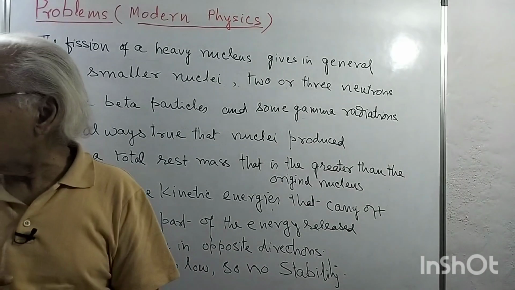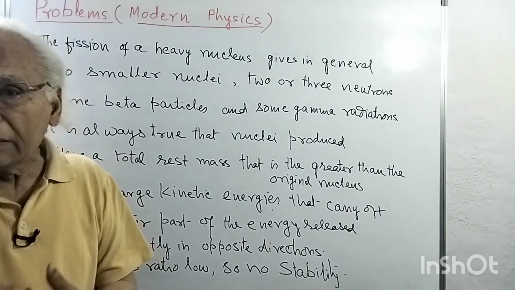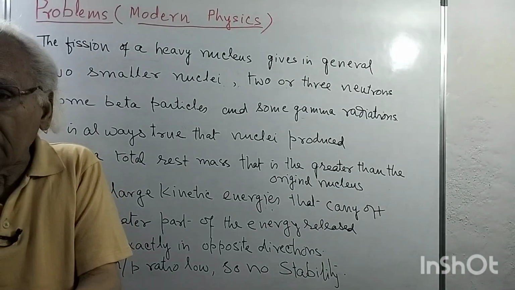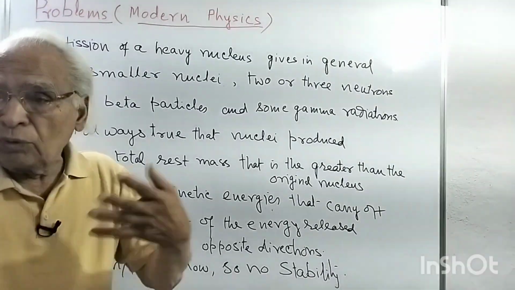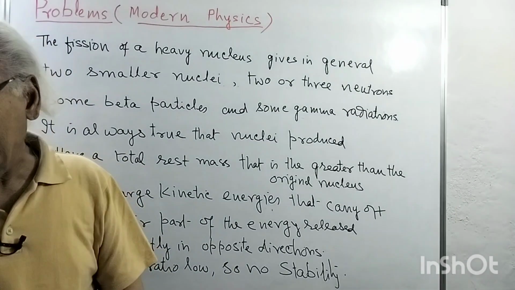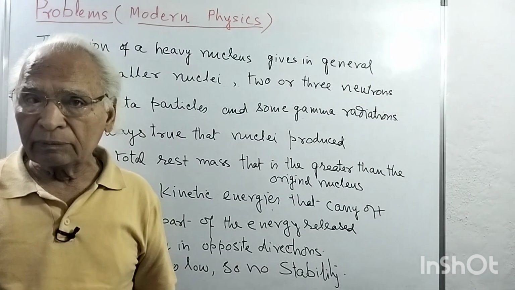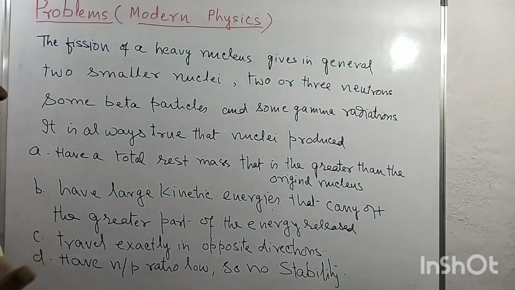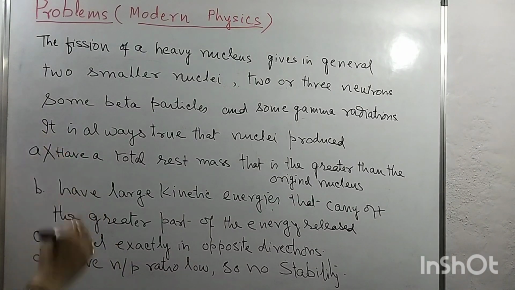It is possible that mass produced may be less, but not larger, because from where is the mass converting? It means energy is converted into mass. We don't have energy in the beginning, so how will the mass of the fragments be more than the initial mass? It is not possible. So this may not be correct.